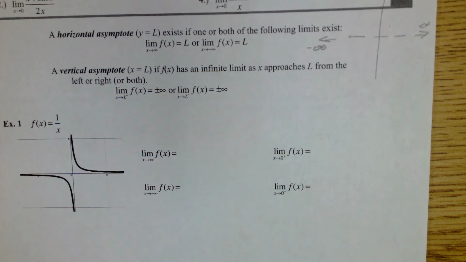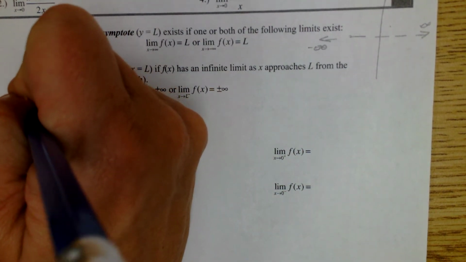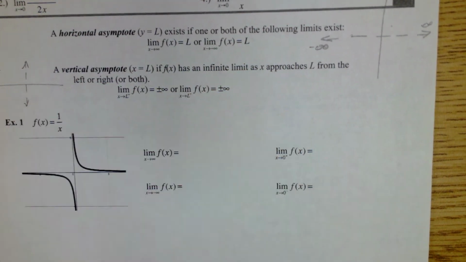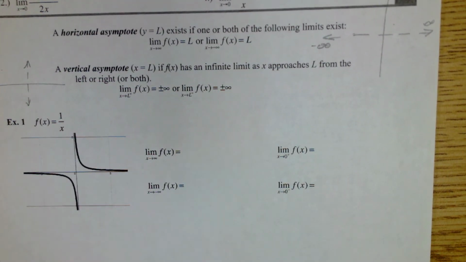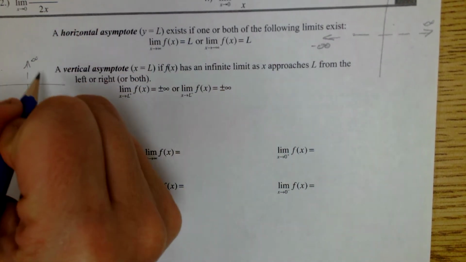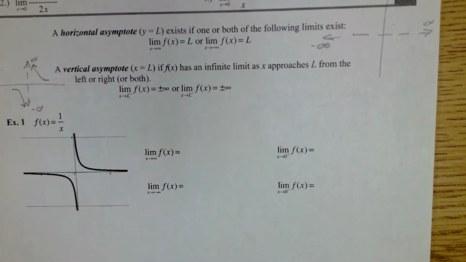A vertical asymptote is kind of the opposite relationship. Here's your vertical asymptote. You're going to actually put in an x value for the input, and the output is either going to be positive infinity or negative infinity, depending on whether the graph is rising or falling in the direction of the vertical asymptote. So let's review that real quickly.